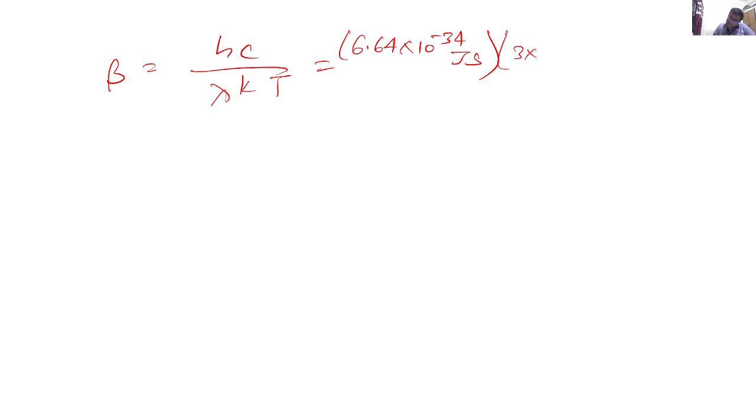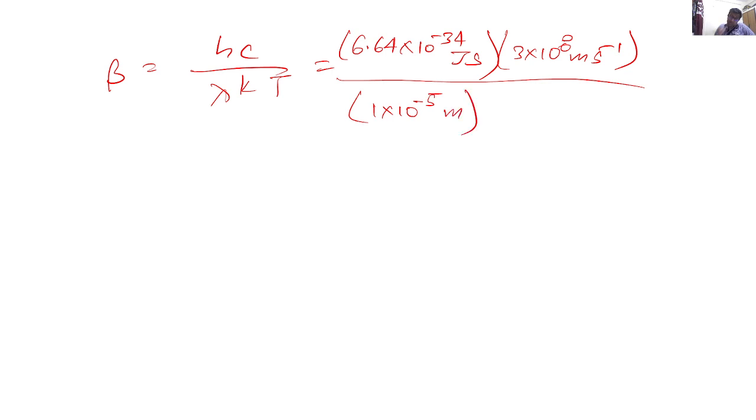So let's compute beta now. Beta was hc by lambda kT. h is 6.63 into 10 to the power minus 34 joules second. c is 3 into 10 to the power 8 meter per second. Lambda is 10 to the power minus 5 meters. k is the Boltzmann constant, 1.38 into 10 power minus 23 joules per Kelvin, and T, the absolute temperature, is 213 Kelvin as we took in the problem.